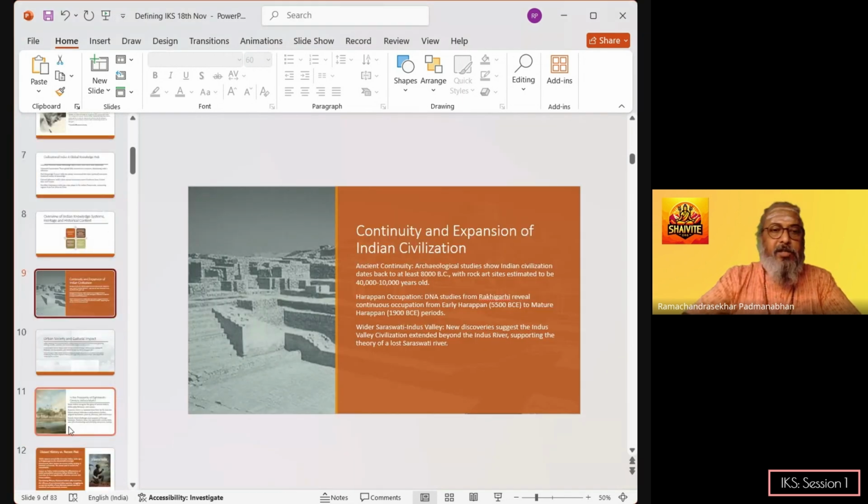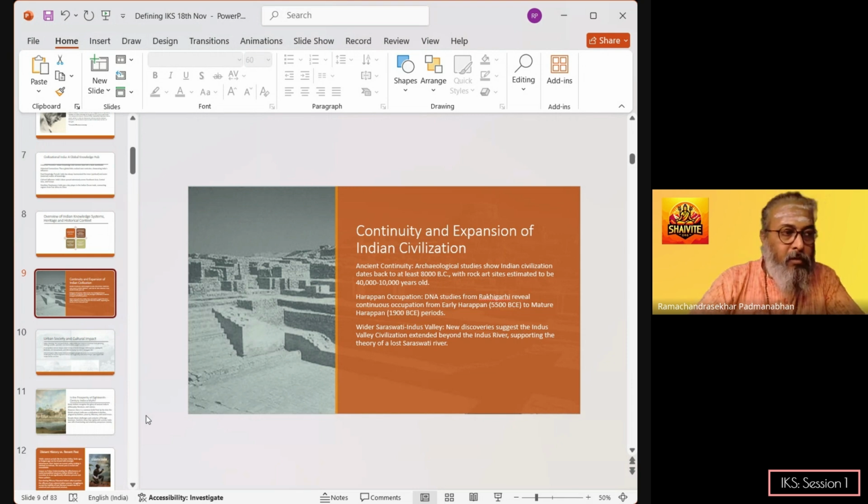So, coming to the historicity, we all know about Mohenjo-daro and the Harappan civilization. Today, we refer to it as Saraswati Sindhu civilization because more sites are discovered or excavated on the banks of the river Saraswati. Pre-independence, most of the sites went to Pakistan during the partition.